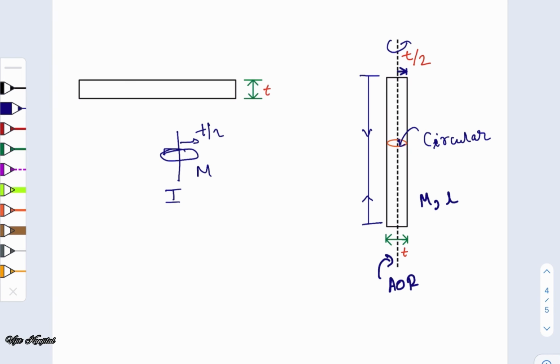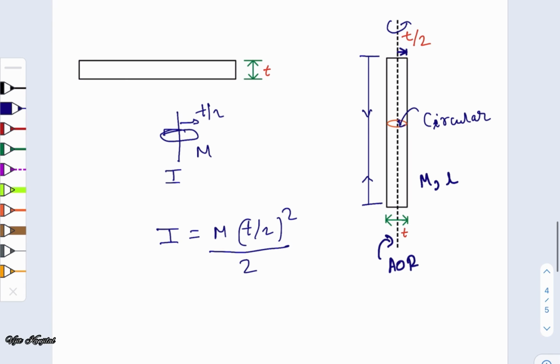Let's call this I. So I would be simply mr square by 2, where the mass is m and the radius is t by 2. So it would be m times t by 2 whole square by 2. What are we left with? It is simply mt square by 8.